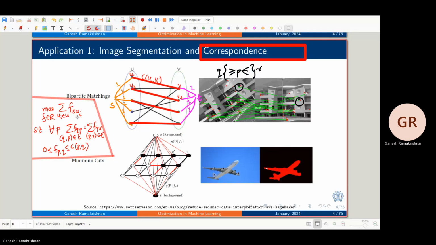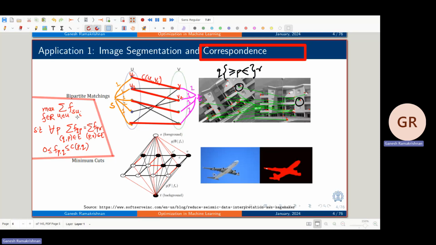Now, how do you ensure that you don't have one pixel on the left corresponding to more than one pixel on the right? That's where you would need to ensure that the incoming flow is the outgoing flow. You can't manufacture flows. What goes out from S is what comes into T. So you see the equation there.